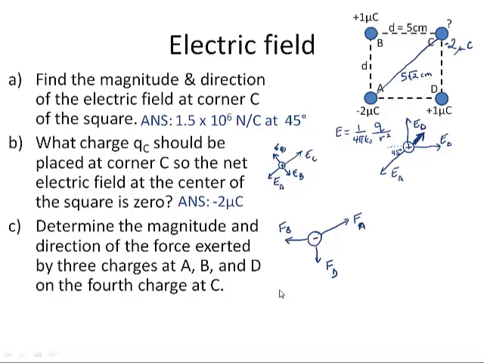We already know that the electric field at that location is 1.5 times 10 to the 6th newtons per coulomb at 45 degrees. We found that in part 1.